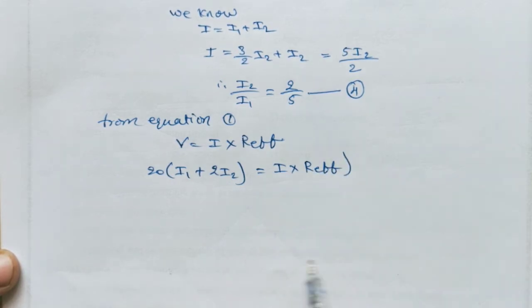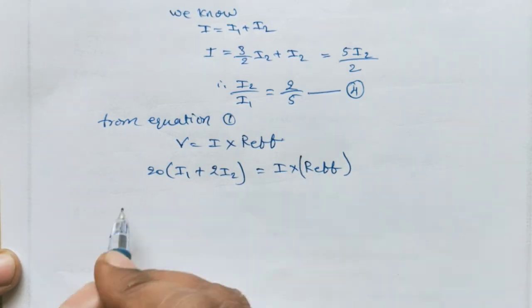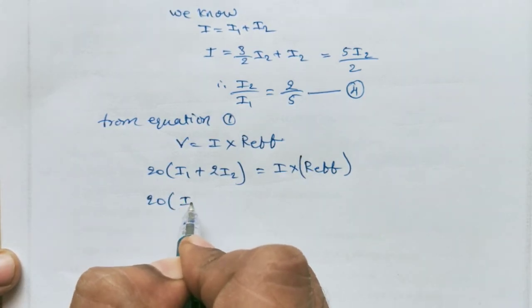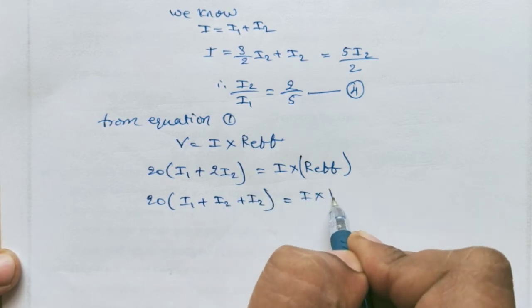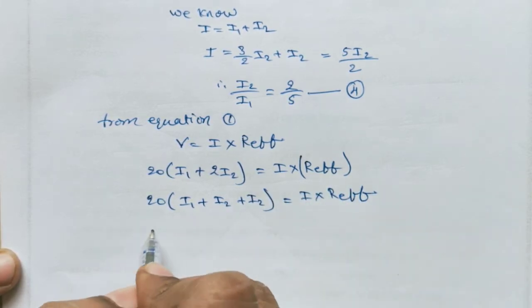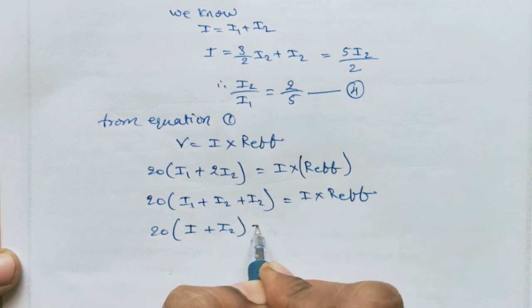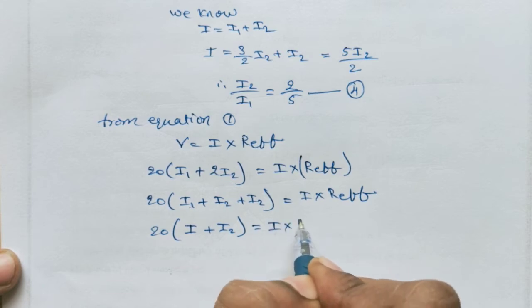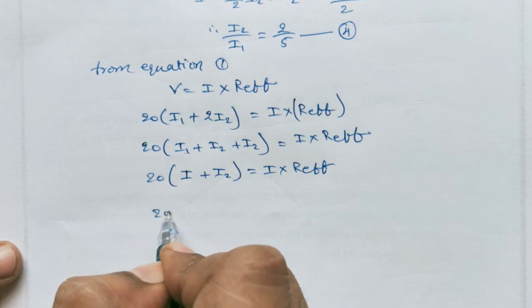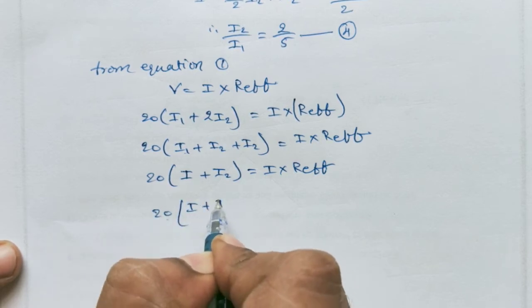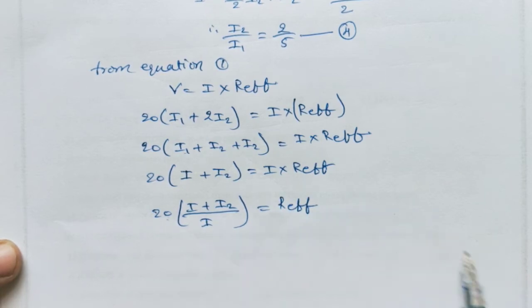Rearranging: 20 into I1 plus I2 plus I2 is equal to I into R effective. So students, observe carefully: 20 into I plus I2 by I is equal to R effective value.